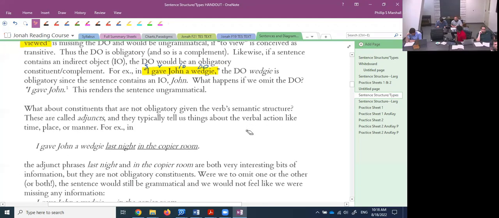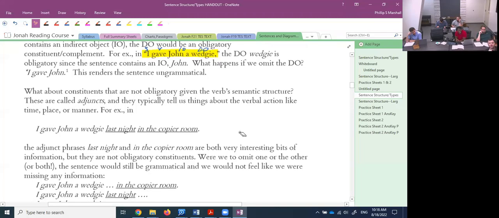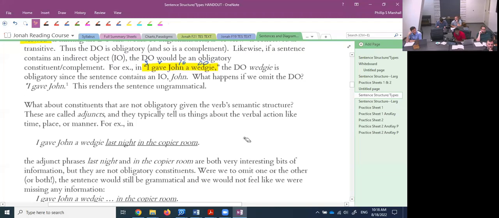Okay. All right, Marshall, I have a question about that. What if you have context before the sentence? I'm just changing the direct object there. I gave John a present. If you just said I gave a present, that would fit in another sentence, and so you still wouldn't need that indirect object, right?